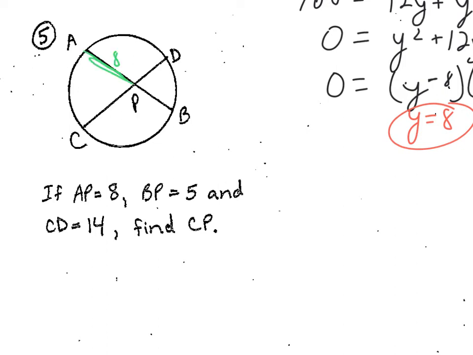That'd be this part of the chord. BP is 5. So that's the other part of my chord here is 5. CD is 14. That's the entire length, the whole length. And we're going to try to find CP. So this is my X right here.